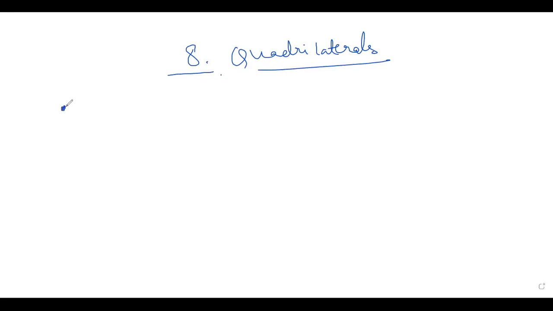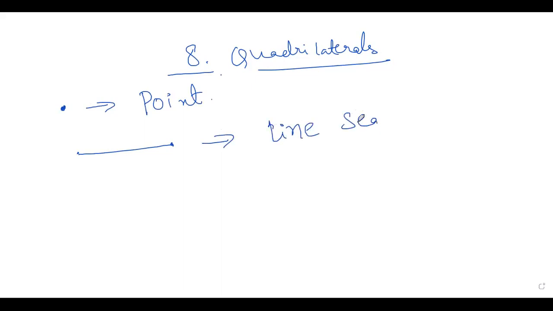What is this? What do we call this figure? You all know, this is a point, right? What is this? This is a line segment. So it is a figure.